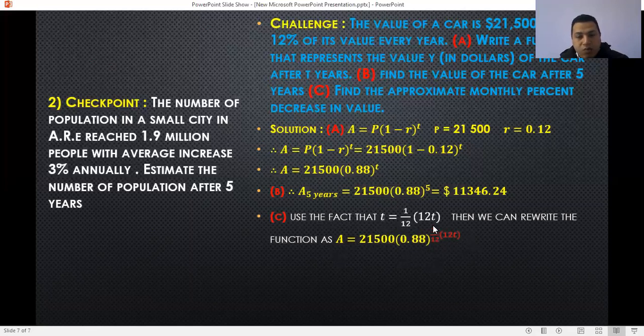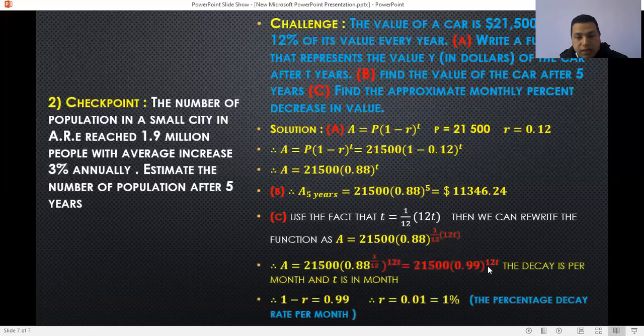Okay, and then I'm going to separate the two powers here and put one inside the bracket and the other outside the bracket like this. I'm going to put 1 over 12 here. This is the same as this, but I'm going to take the 12th root of 0.88 using the calculator, and then to the power 12t like this, okay?